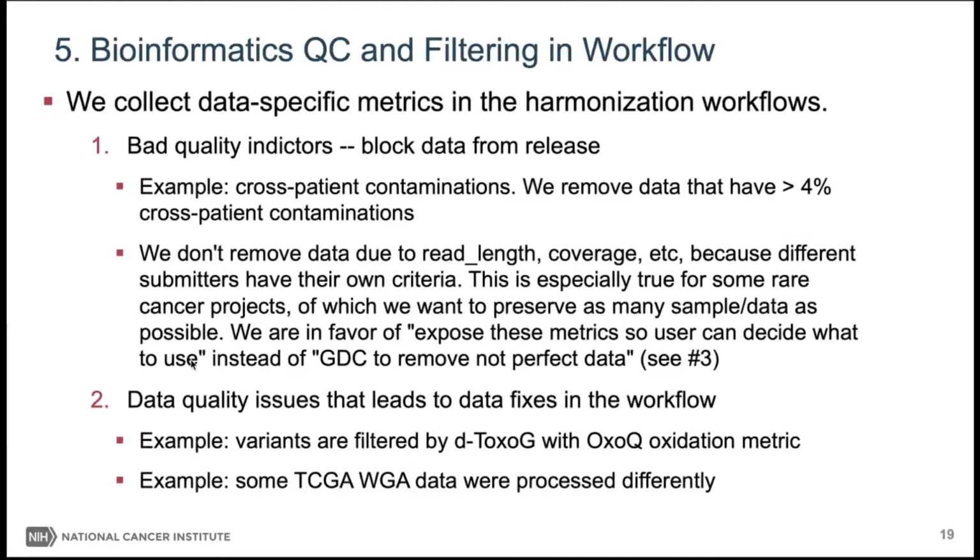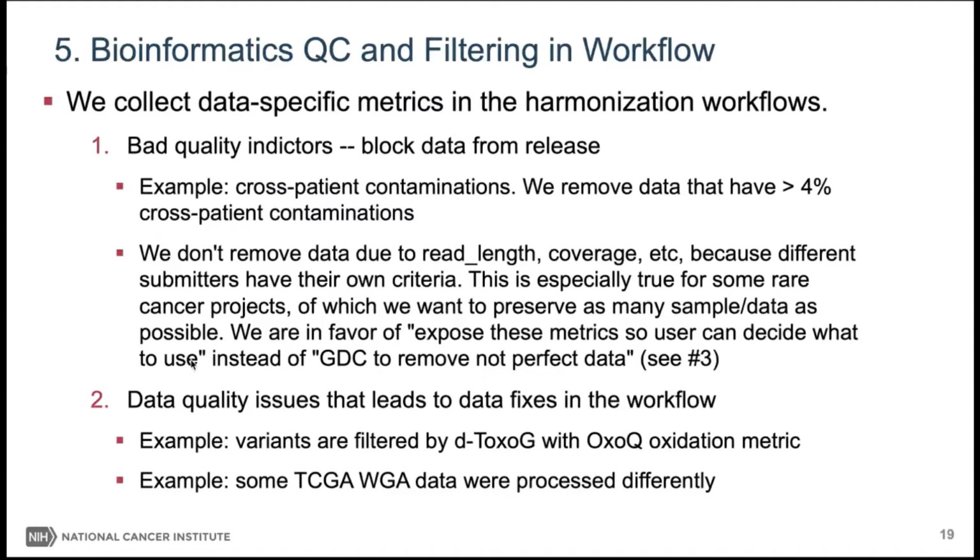The GDC removes data if it has 4% cross-patient contamination, and this is to prevent any germline leakage from happening because the somatic calling pipeline is designed for there not to be cross-patient contamination. One of the things the GDC doesn't do is remove data due to some other error types that aren't as dangerous.